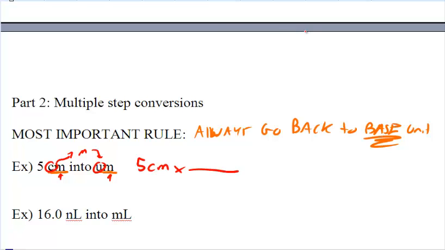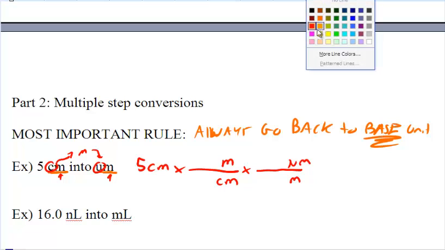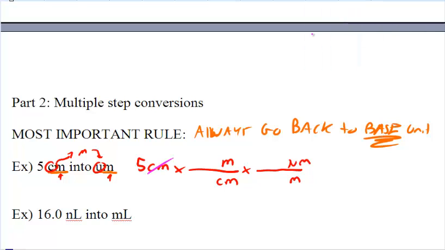We know that what has to go on the bottom is centimeters in order for it to cancel, and then we need to go into meters first, but that's not our end goal. Our end goal is micrometers, so we have to get rid of meters because they're going to cancel, and go into micrometers. So centimeters cancel off, meters cancel off, and our end unit is going to be micrometers.